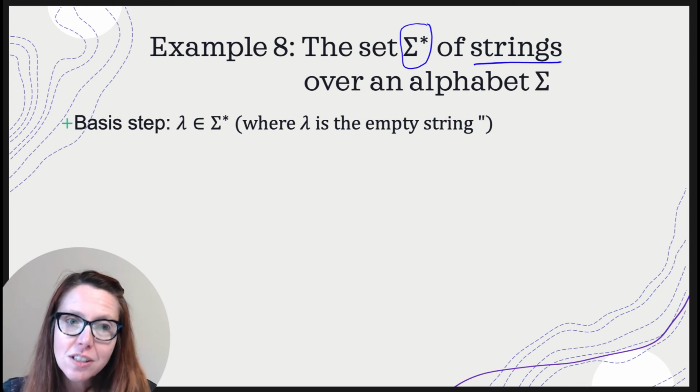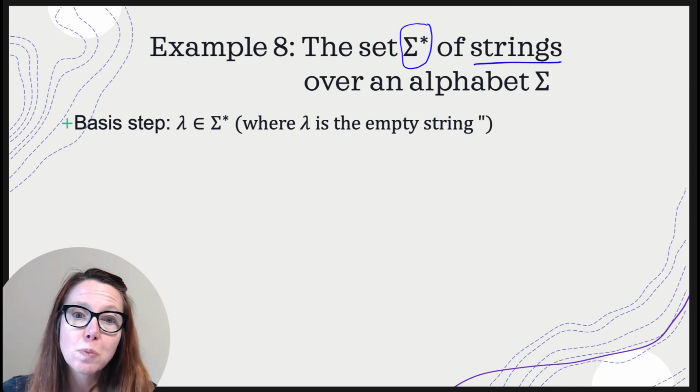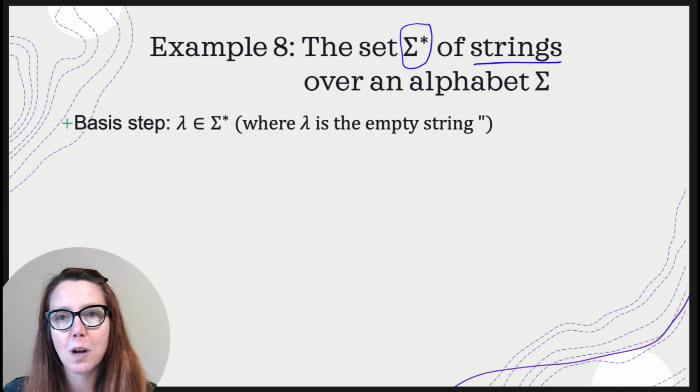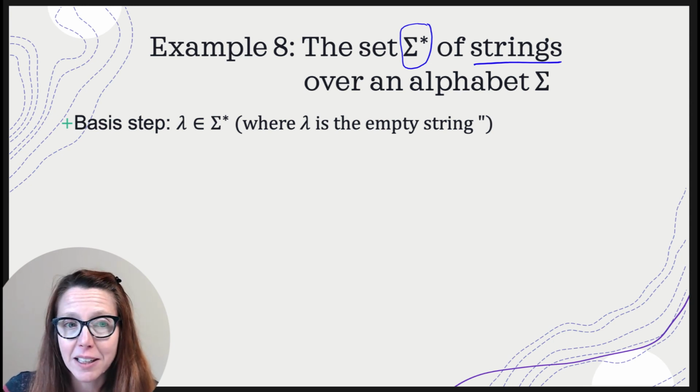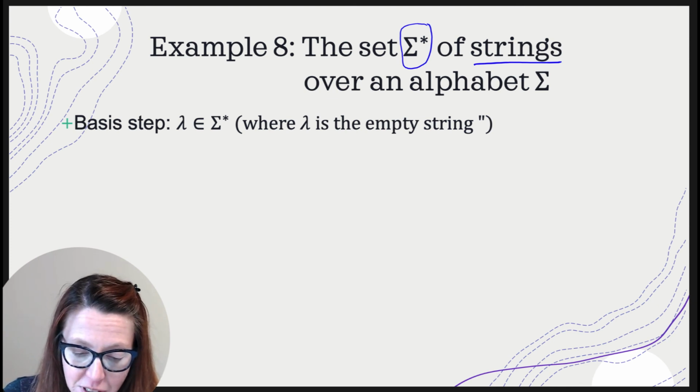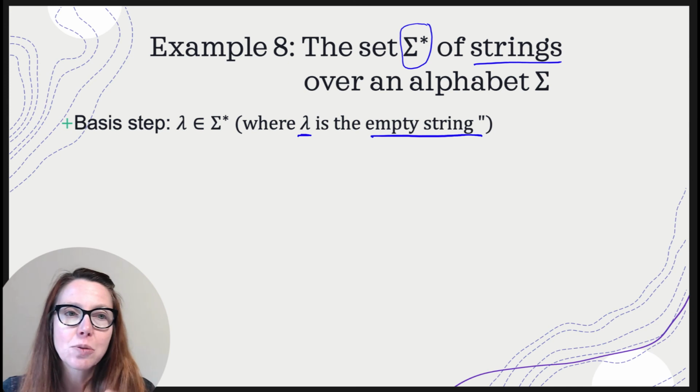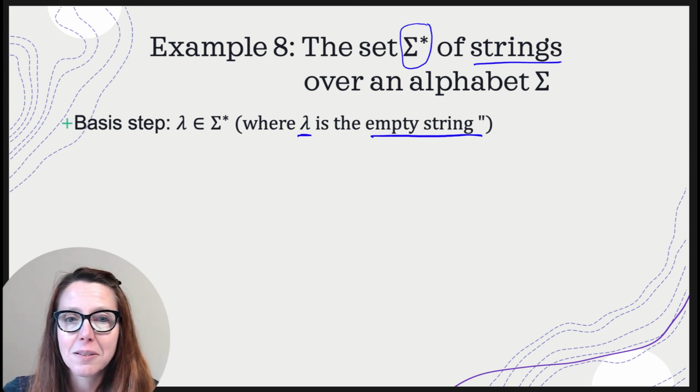There's a recursive element to developing the strings that can be created from a specific finite alphabet. So the basis step in this scenario is to first start with an empty string. We let lambda be the empty string, a string that contains no symbols.